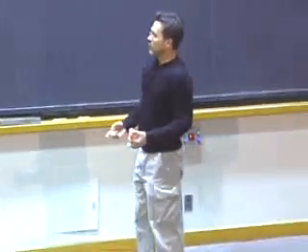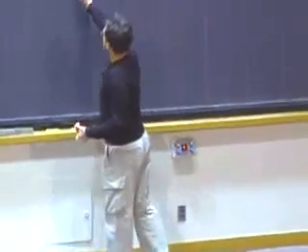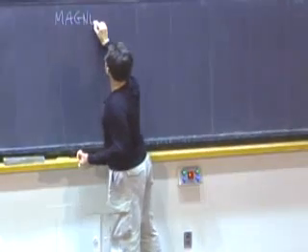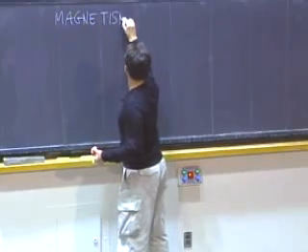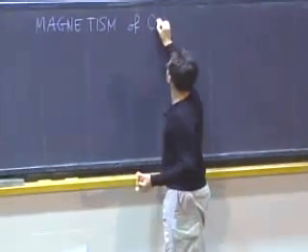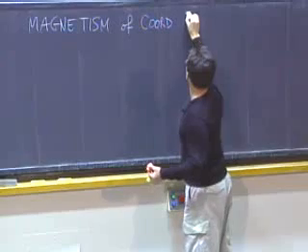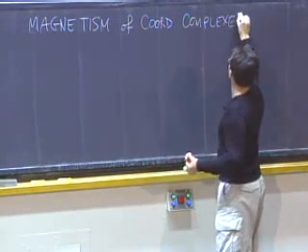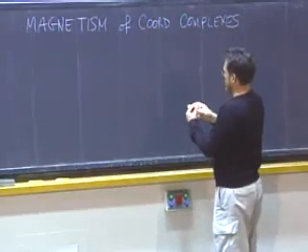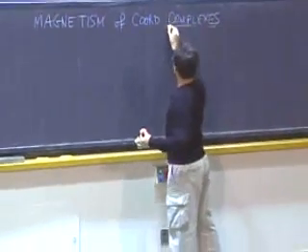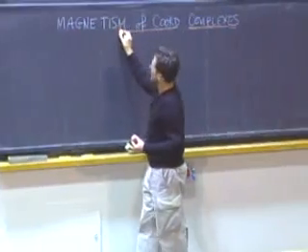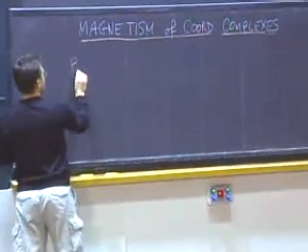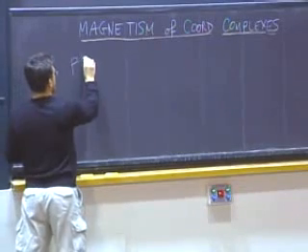Now, one of the properties that we're going to want to interpret will be the magnetism. Okay, and in talking about the magnetism of coordination complexes, we're going to start by mentioning two terms that you've probably heard, but I'd like to define them explicitly today.